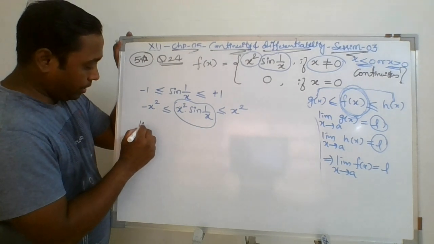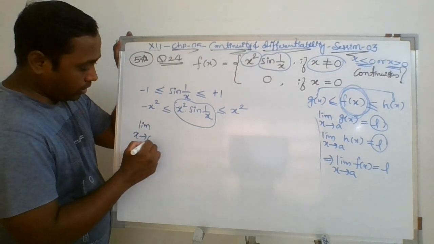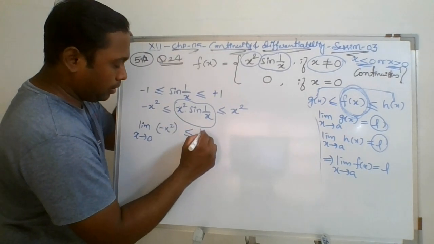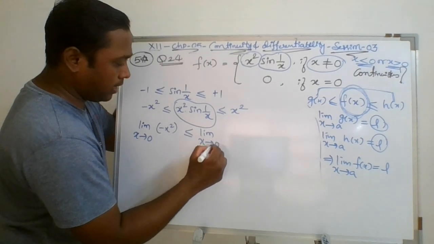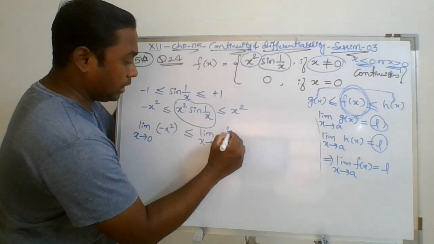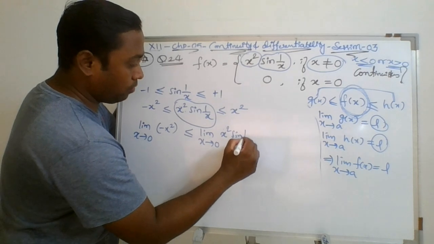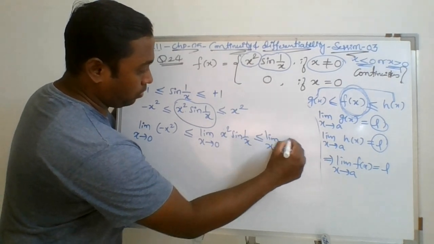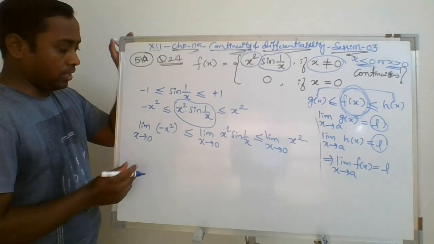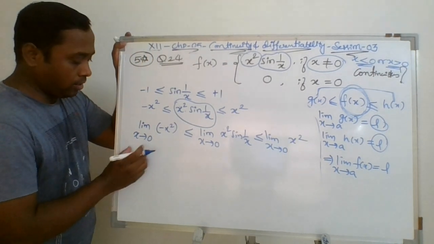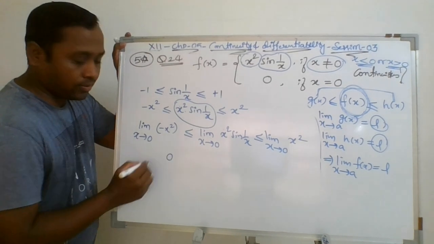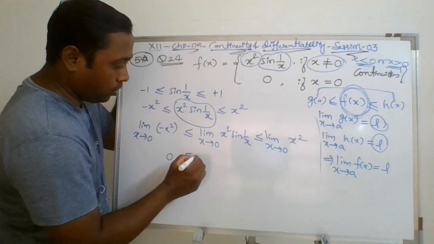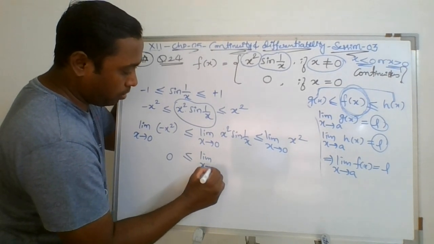So I am taking the limit as x tends to 0 of minus x square, and the limit on all the sides: x tends to 0 of x square sine of 1 by x, and limit x tends to 0 of x square. If you find the limit of -x square, you get 0. Here also the value is 0. I am not solving the middle one.